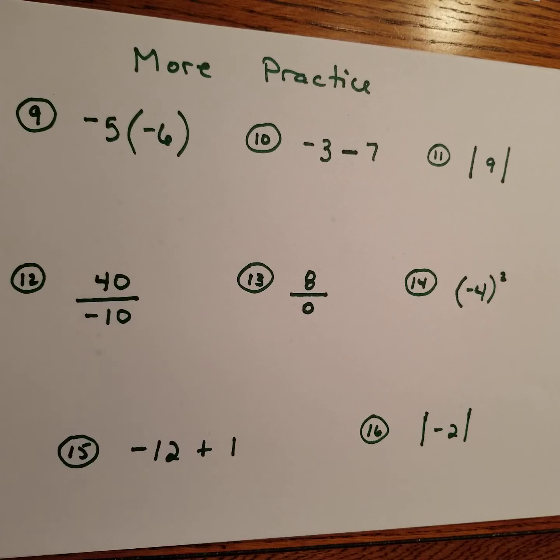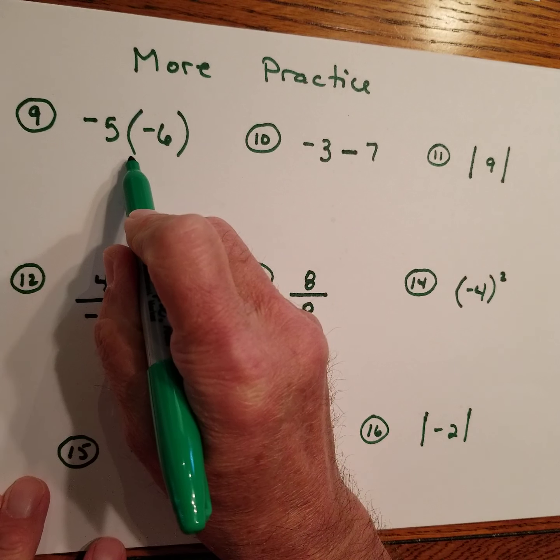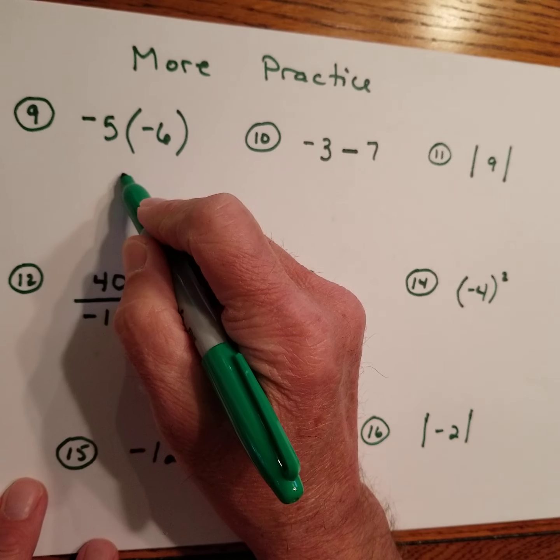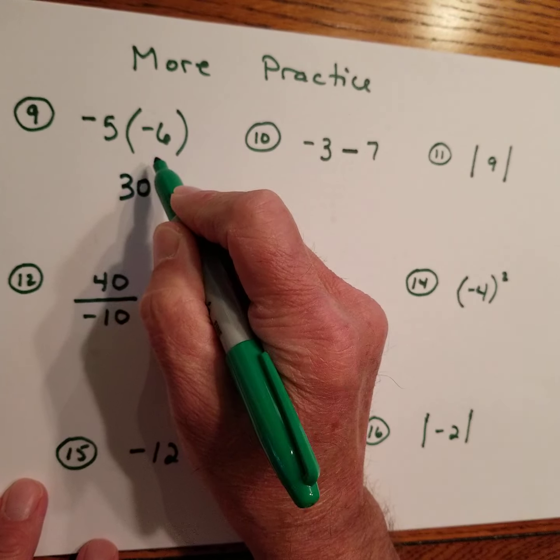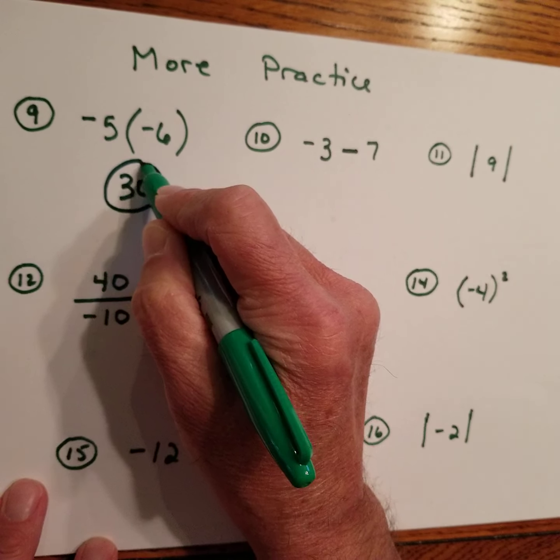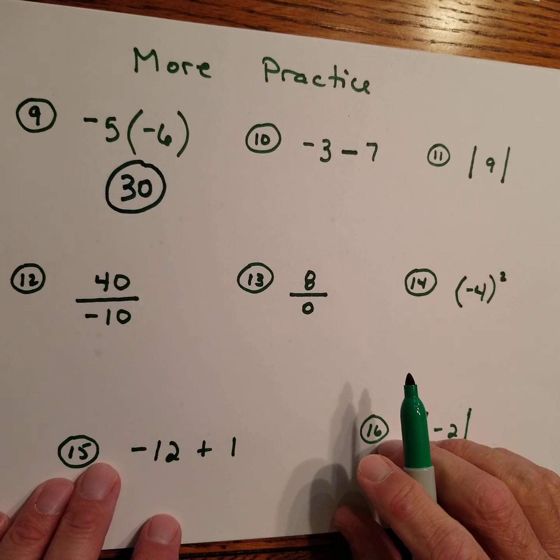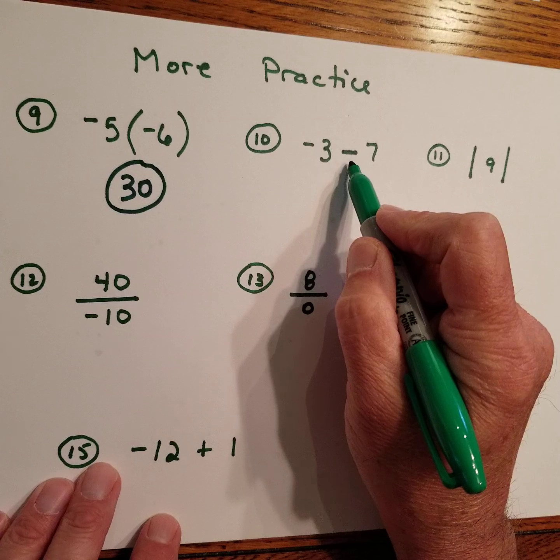One more opportunity to practice. Pause the video, try these last 8 problems, and then start the video back up and compare your answers to mine. Number 9 is multiply. 5 times 6 is 30, and 2 negatives make a positive. Number 10 is subtract.